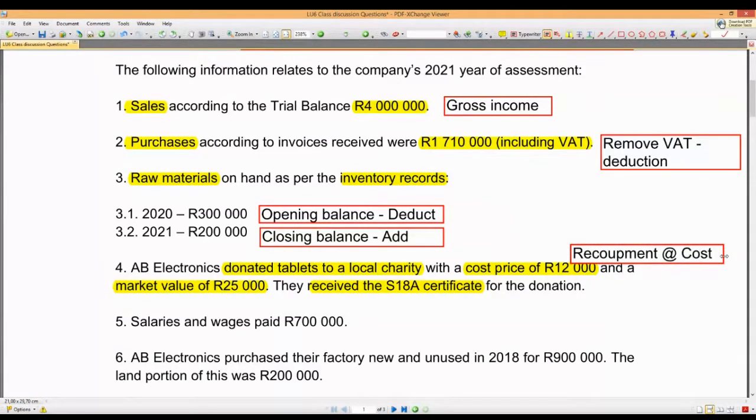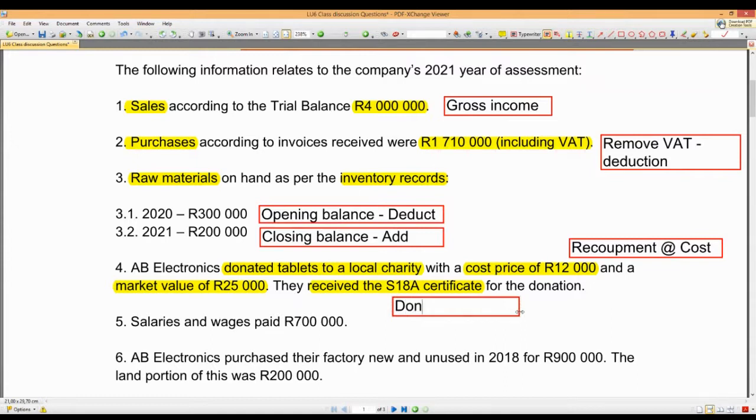Okay, so you guys say it's cost. Now, why do you say it's at cost? What was the reason for it? Okay, so it's the lower value, but the reason for it specifically is because we've got a Section 18A certificate.